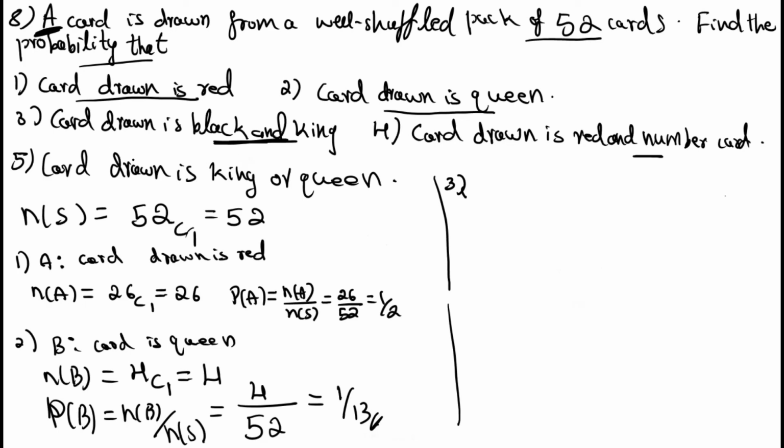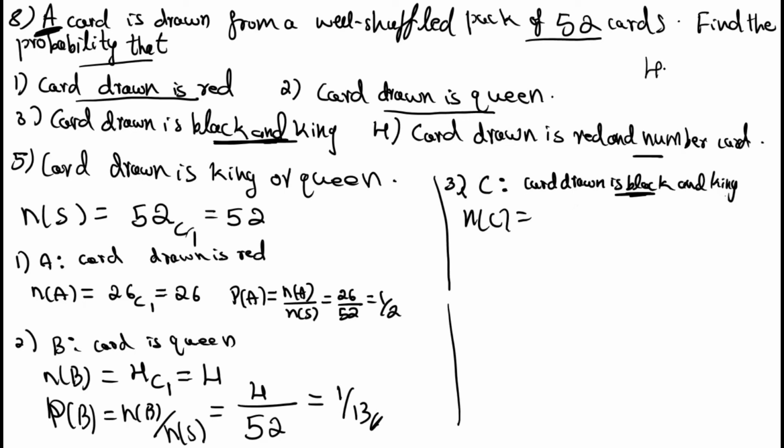See the third question. Card drawn is black and king. Here 'and' is there. Take event C such that card drawn is black and king. Now see, n of C: card drawn is black. How many black cards are there? 26 black cards are there. And in that, how many kings are there? 2 kings are there. Why?